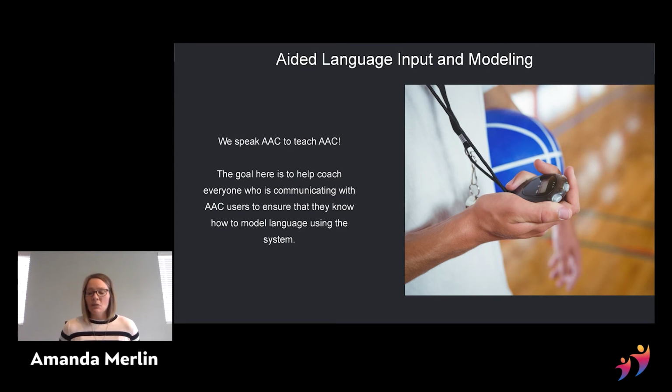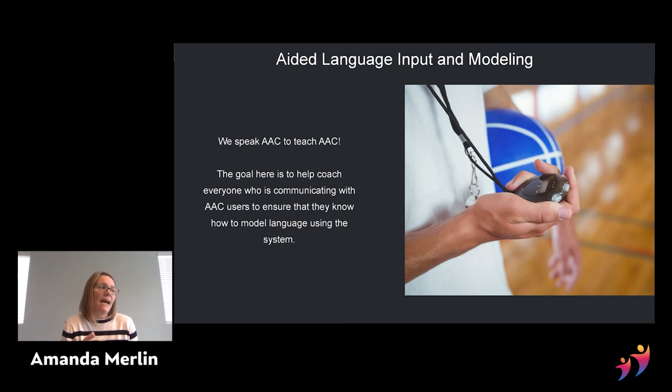You can also model what you think an AAC user is trying to say, or what they might be thinking or feeling. So for example, if they're trying to make a request and they're pointing and they're looking, and they want those goldfish crackers, and maybe they're really good at handing you the goldfish crackers picture card or pointing to it.